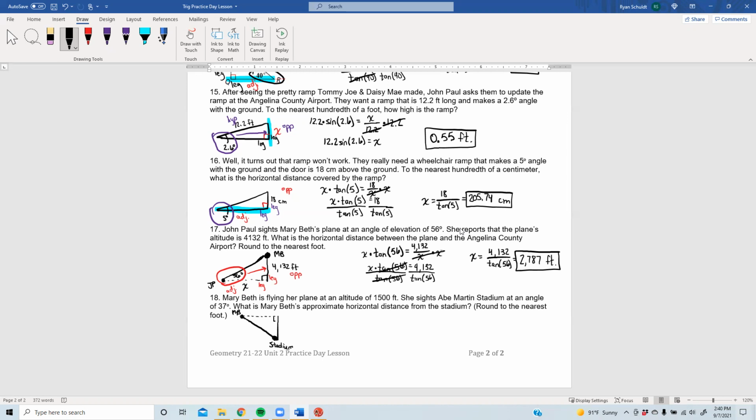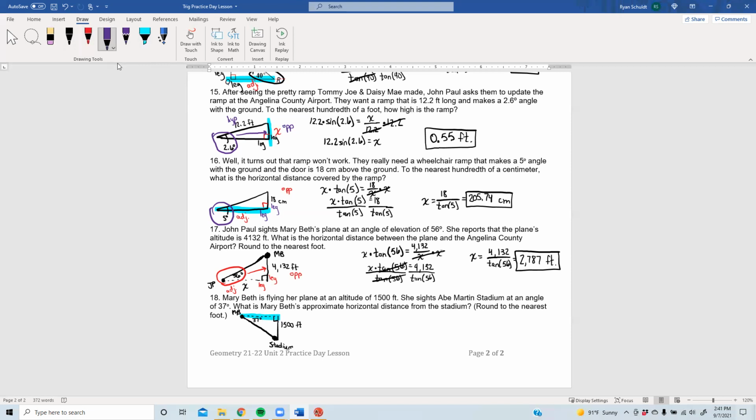Okay, so there's my right angle. It says 37 degrees. And our altitude's at 1,500 feet. They want to find the horizontal distance to the stadium. So basically, we're finding the dotted line here.